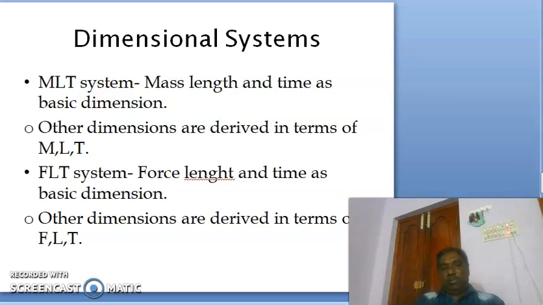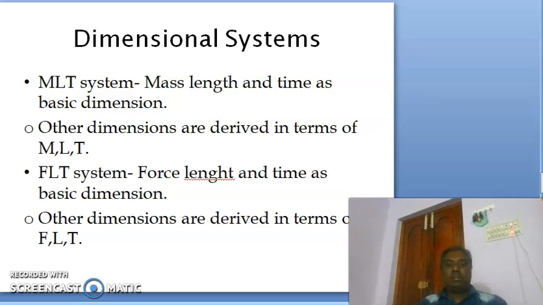Dimensional systems. The MLT system, or the mass, length and time system, is a very important system where other dimensions are derived in terms of M, L and T, of course with the powers of M, L and T. We also have the FLT system, with force, length and time as basic dimensions.